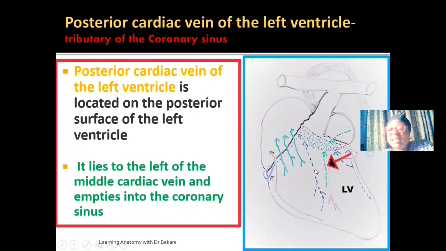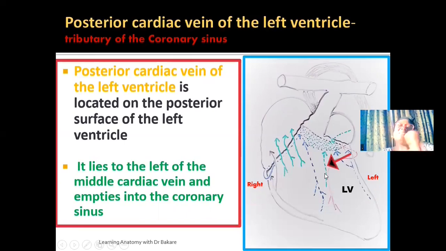This is the middle cardiac vein or the posterior interventricular vein that we highlighted in our previous slide. This is the vein here, and you see the posterior cardiac vein of the left ventricle located at the left side of the middle cardiac vein. So this is the right side of the heart, this is the left side of the heart, and this is the posterior cardiac vein of the left ventricle. You see it located at the left side of the middle cardiac vein, and this here highlighted in blue is the middle cardiac vein.